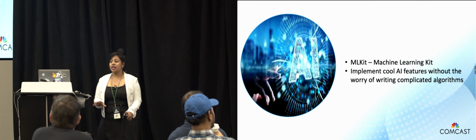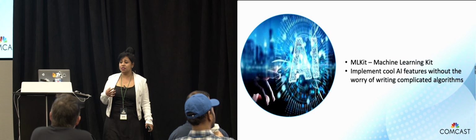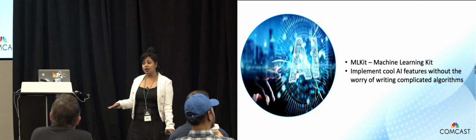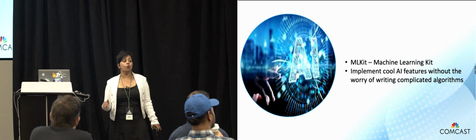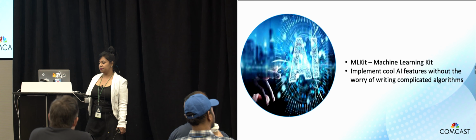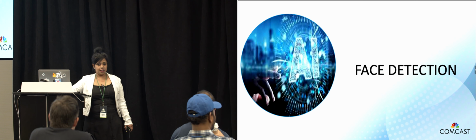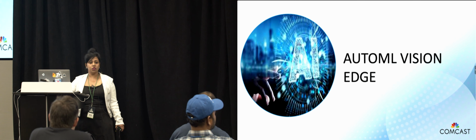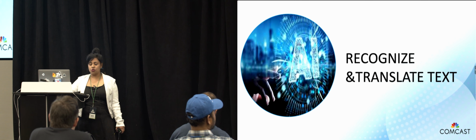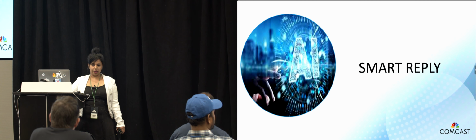You can implement cool AI features without even writing complicated algorithms, especially a person like me who doesn't like writing complicated algorithms but wants to use all the cool AI features. You can do that using MLKit. The features we are going to see in this presentation are face detection, AutoML Vision Edge, recognize and translate text, barcode scanning, and smart reply.